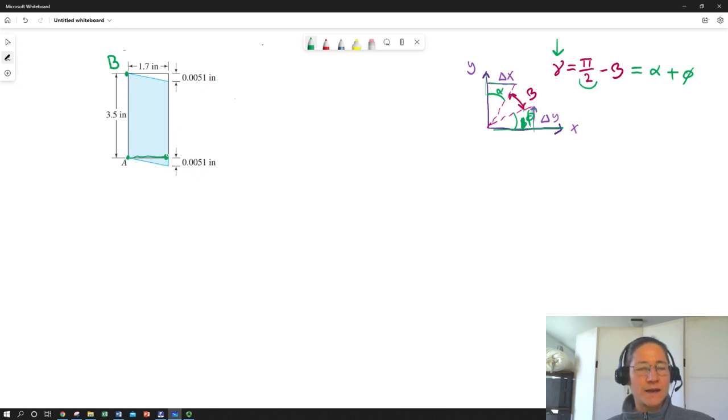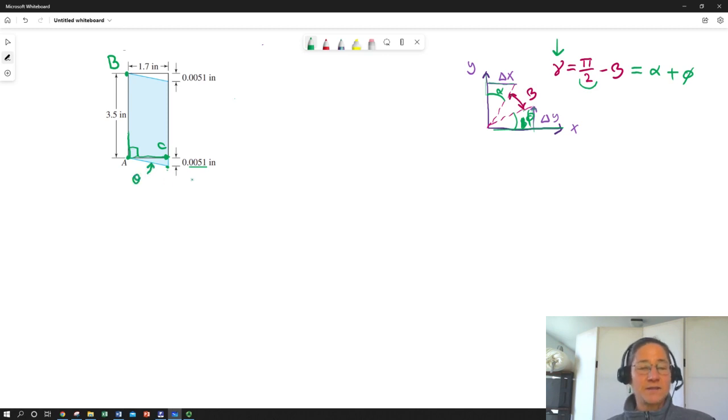We're told that a point that was originally here moves down here by 0.0051 inches. So we can look at our original angle of A, B, and C over here, which was 90 degrees. And because of C's displacement, we've introduced this angle, we'll call it theta.